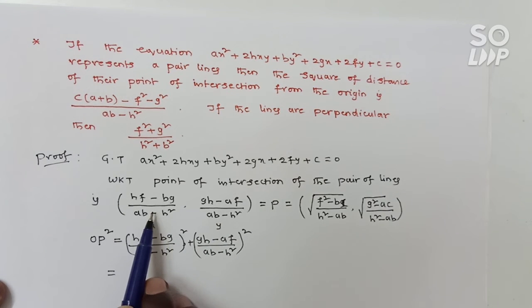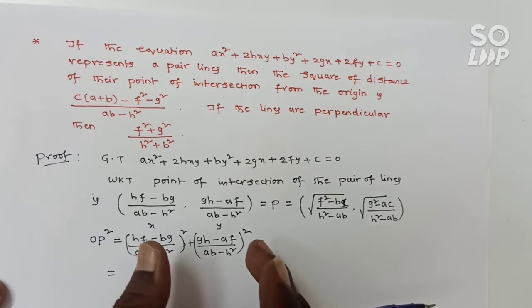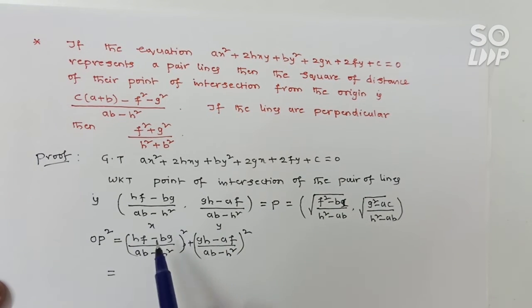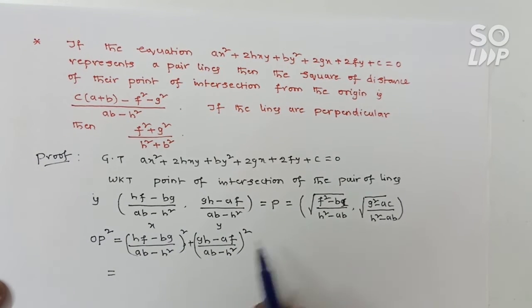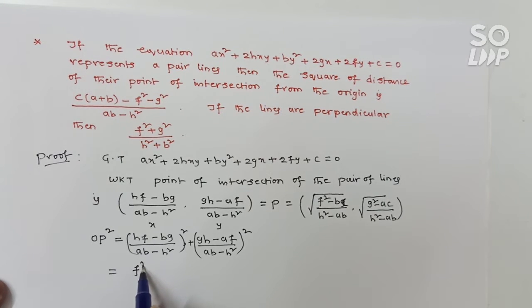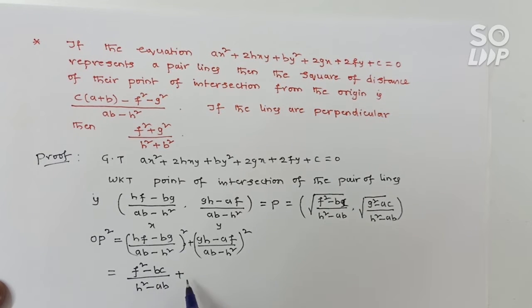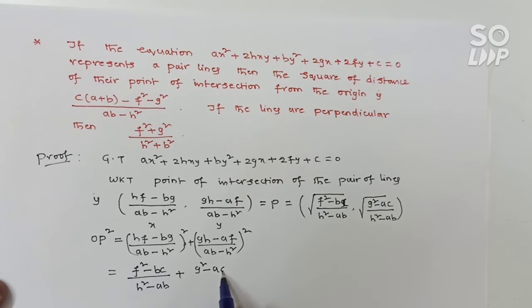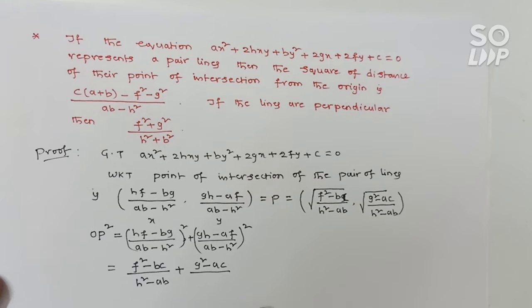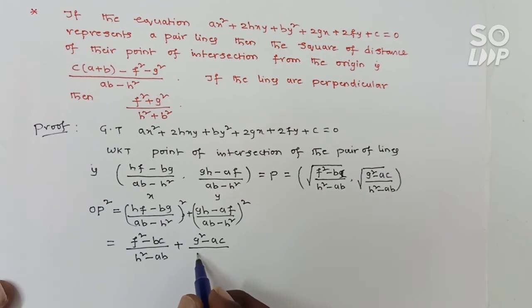By comparing these two, instead of this one we can write this value: (f square minus BC) by (H square minus AB). Now the square and root will be cancelled, plus (G square minus AC) whole divided by (H square minus AB).